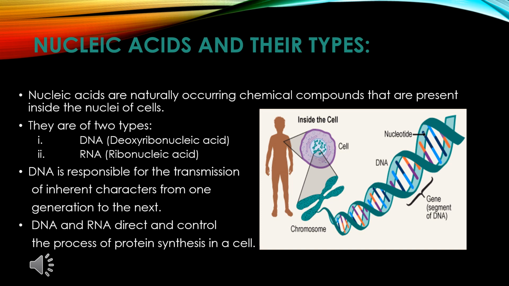All the human beings and all the complex organisms are multicellular. This means that they have a lot of different types of cells that in turn make up the human body. So the nucleus of the cell contains a very well organized structure which is called a chromosome, which has the DNA molecule wrapped over it.